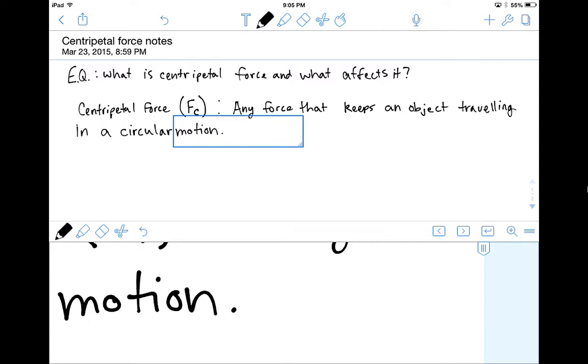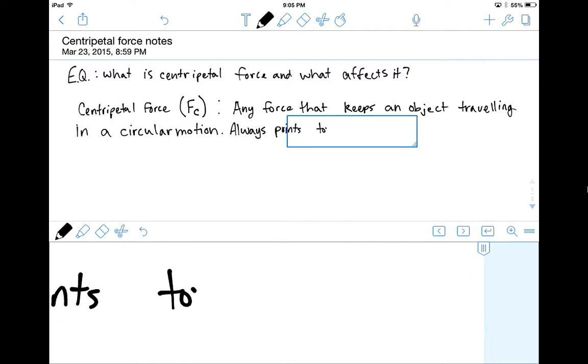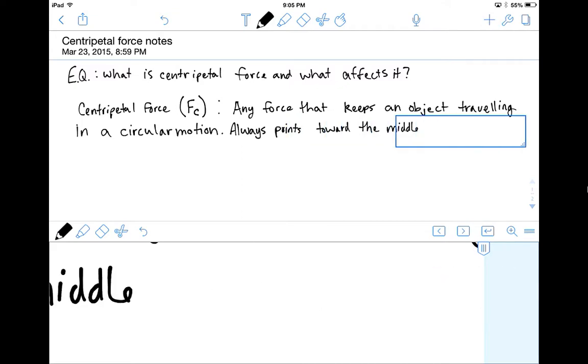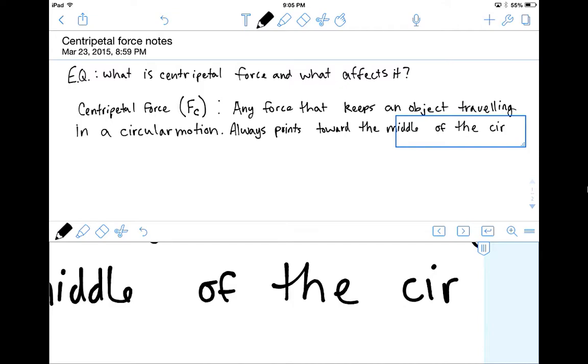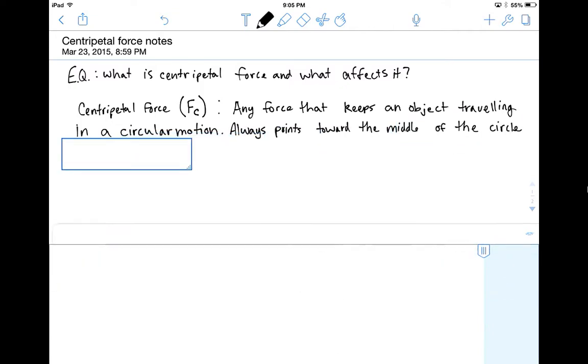Okay. And then a second sentence that I want to add on to there that we need to remember, okay? Centripetal force always points toward the middle of the circle. Good.